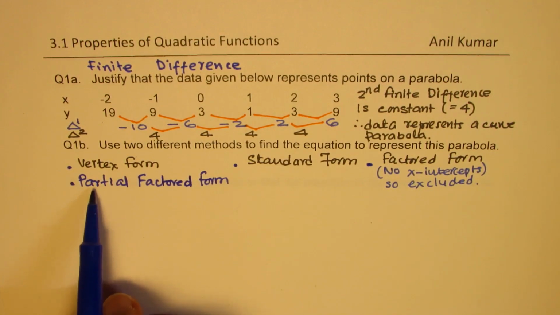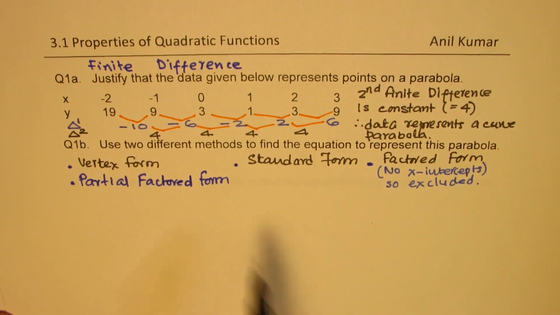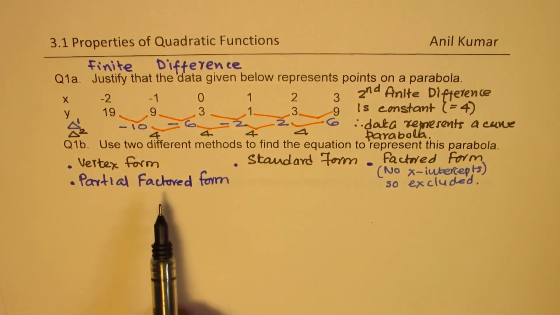But partial factored form somehow is not treated as a standard form, right? So most of the time in many of the schools, you may avoid that partial factored form, right? Okay. So, what I will do here is I will show you two methods.